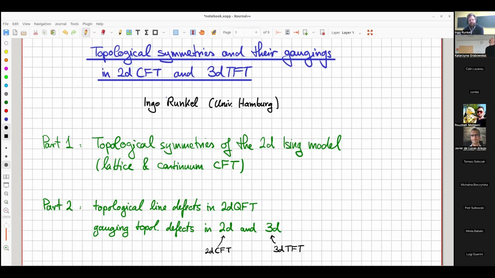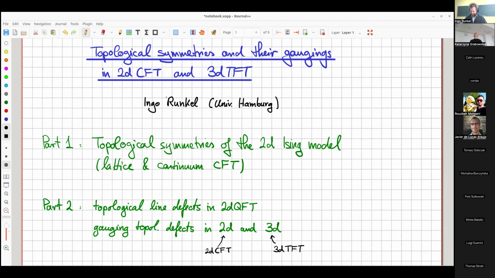So with that said, I'm over happy to give the floor to Ingo, who's going to introduce us to topological symmetries and their gaugings in two-dimensional CFT and the corresponding three-dimensional topological field theory. Here, Ingo, the floor is yours.